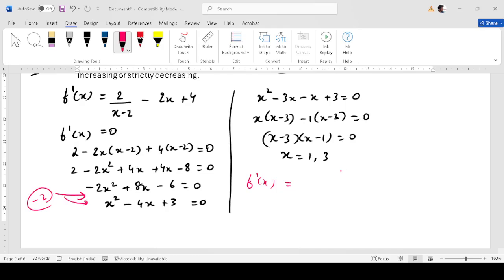The function was actually (minus 2x square plus 8x minus 6) whole divided by (x minus 2). This was our function actually. We have just factorized this term to get the critical points in this function. Now for this function to be strictly increasing, we need f dash of x should be greater than 0.